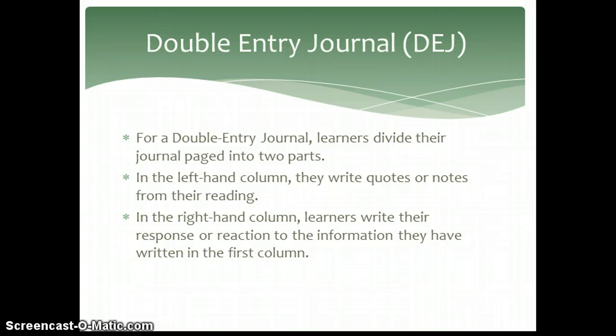So just a different type of reader response journal, but generally it's almost like, say, mean, matter, right? So this is what it says, and then they're writing their thoughts about it, or why they think it's important, why they pulled that particular piece out.